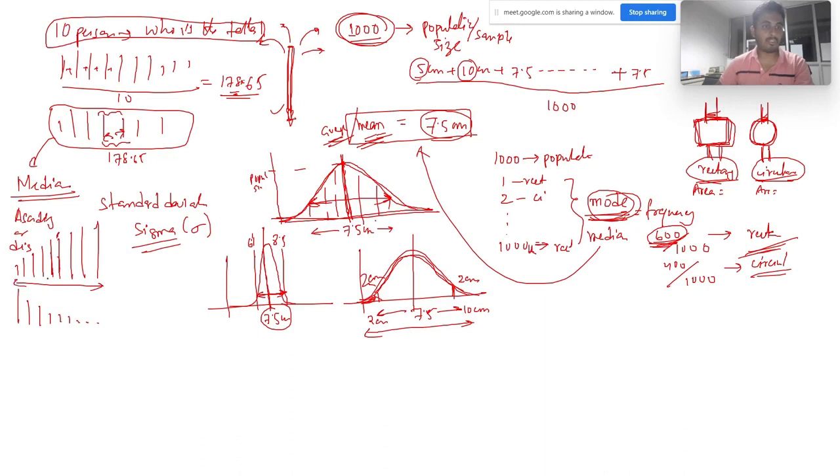This is more like a count: 1, 2, 3, 4, 5. So you know exactly what the fifth person's height is, and that is the median height. So the median value may be different from the mean value.